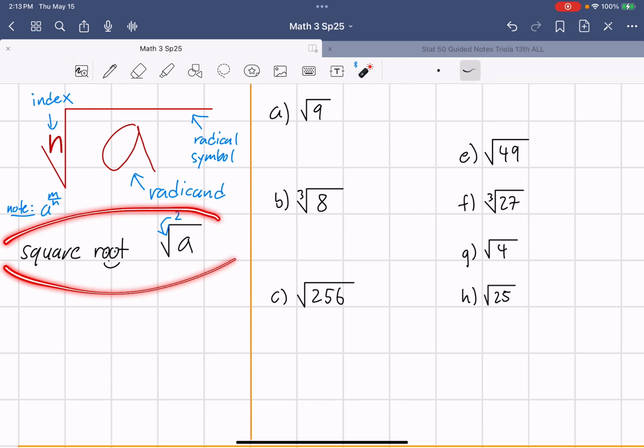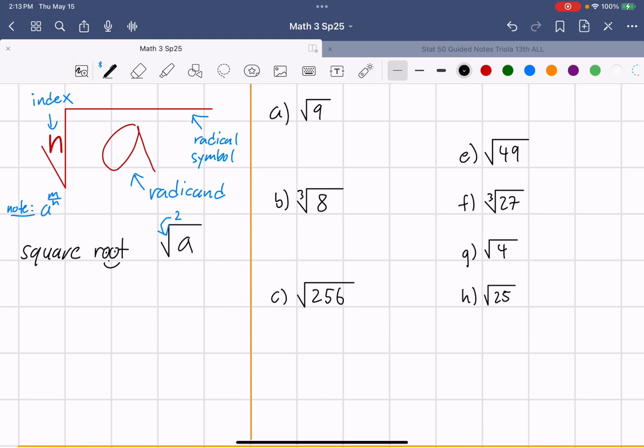But this is just this particular radical. There are more types of radicals. For example, there's the cube root. And this is the first radical where you actually start writing the index. And that is the cube root.